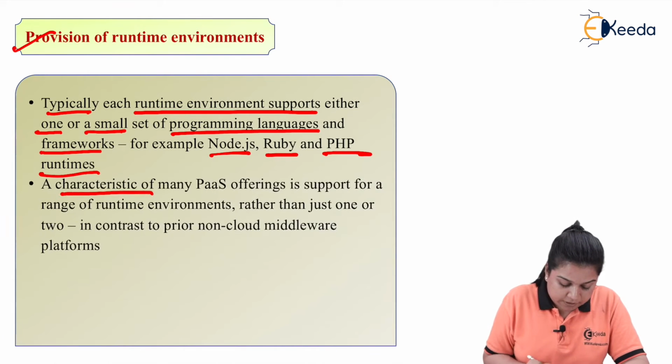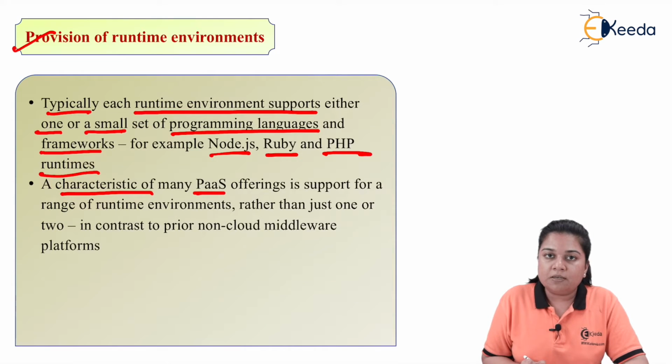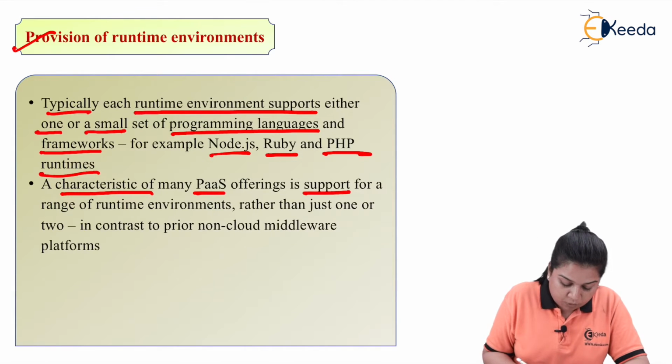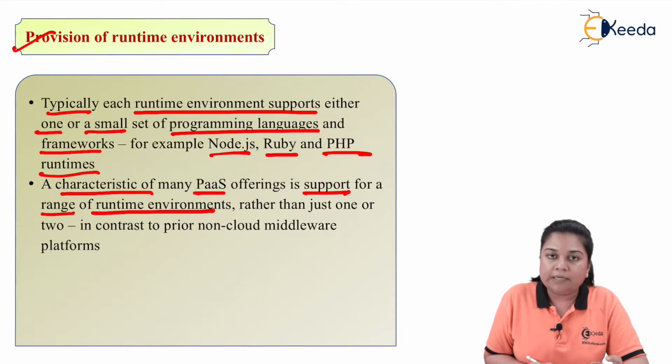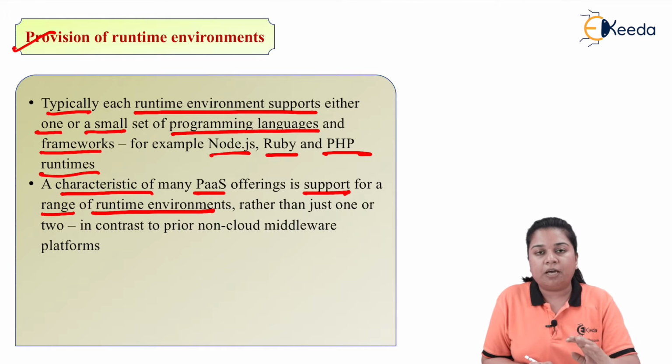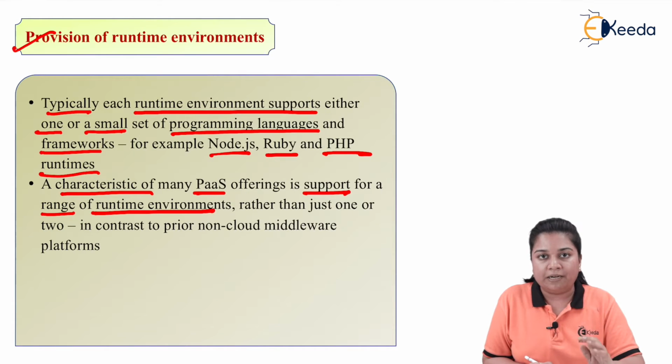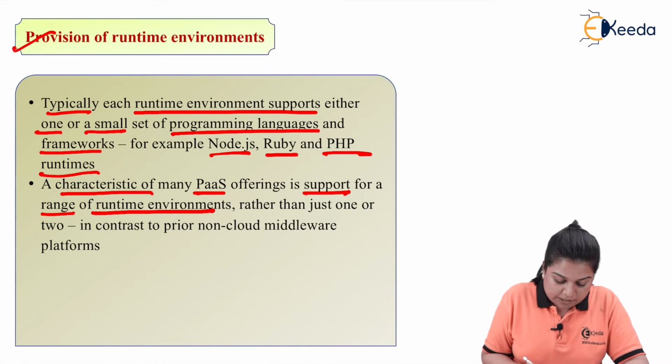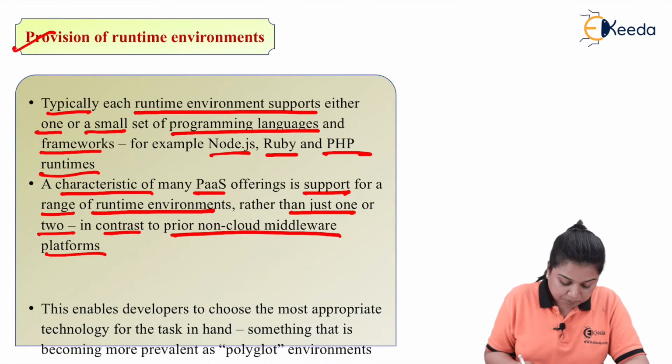Another characteristic of many platform as a service offerings is support for a range of runtime environments, that means the environment where the code developed by the developer is run or executed, rather than just one or two, in contrast to prior non-cloud middleware platforms.